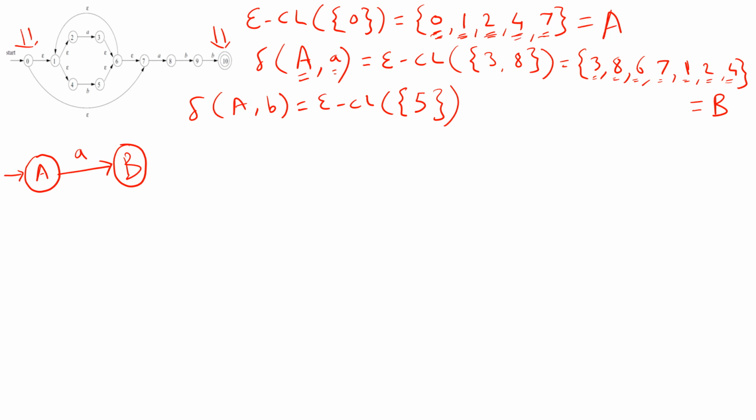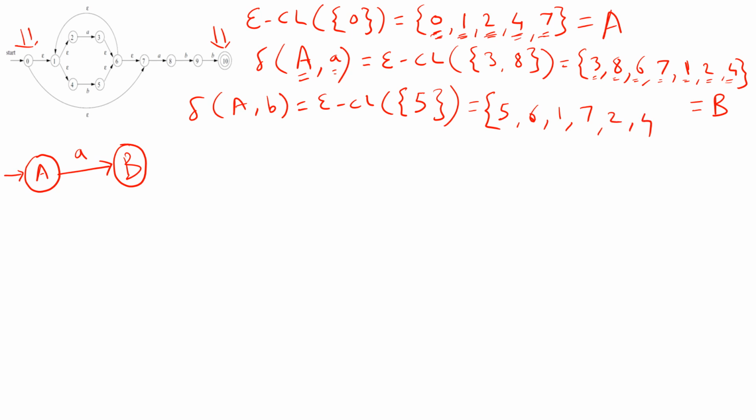Now again we have to calculate this epsilon closure. So how would you do that? You are calculating epsilon closure of 5. So 5 is added to the output, and then we look for epsilon transitions from 5. 5 takes you to 6, right? From 6 it takes you to 1 and 7. From 1 it takes you to 2 and 4.